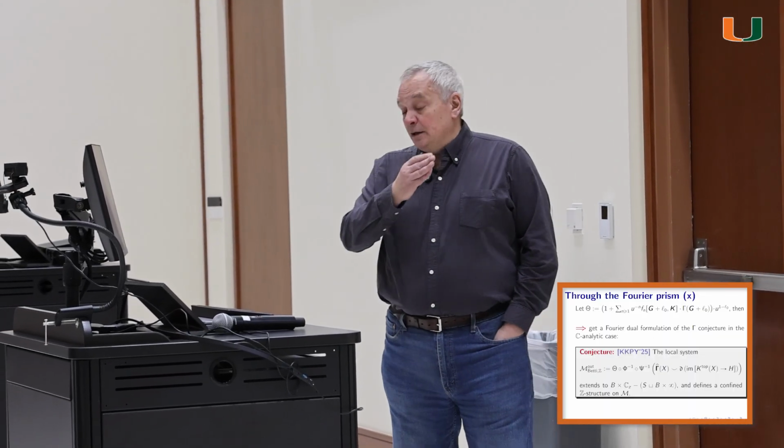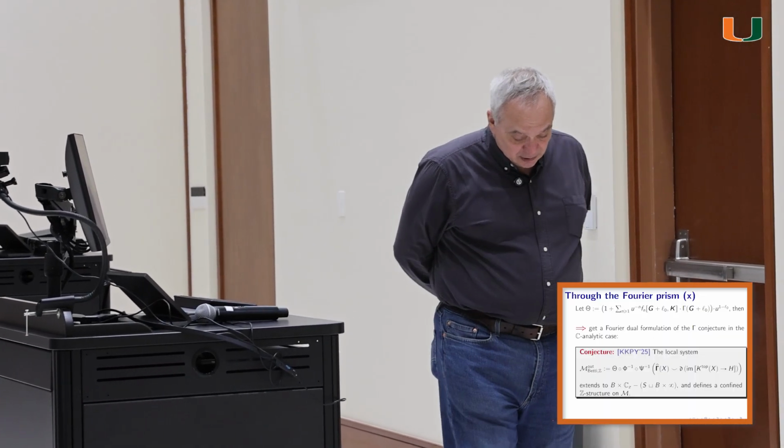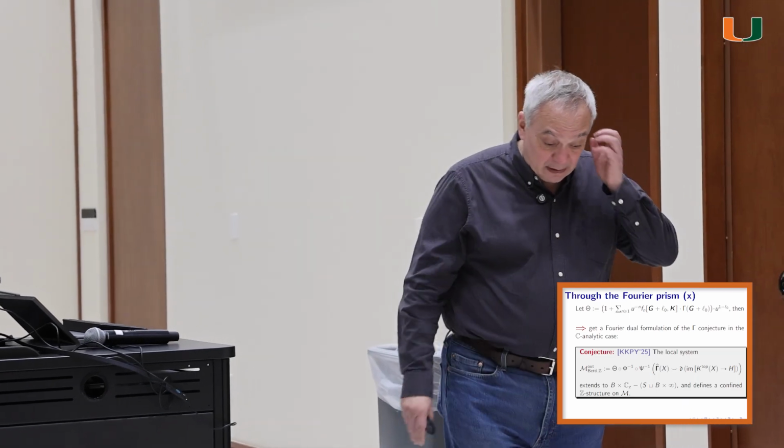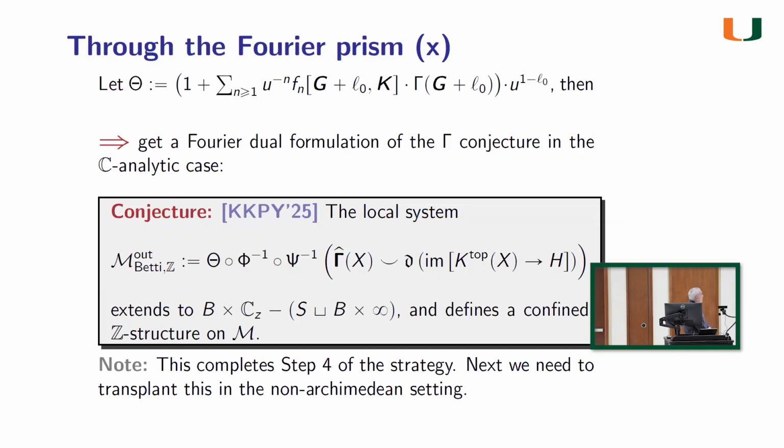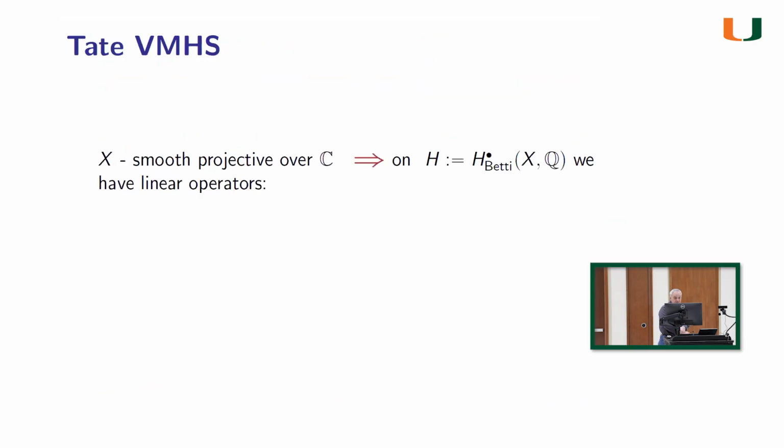So this is the gamma conjecture, and in this complex analytic setting, it's now entirely formulated on the Fourier dual side for regular holonomic D modules. There is no mentioning of Stokes data here, but it's equivalent. So this completes step 4 of the strategy, and now we have to go to the non-Archimedean setting.